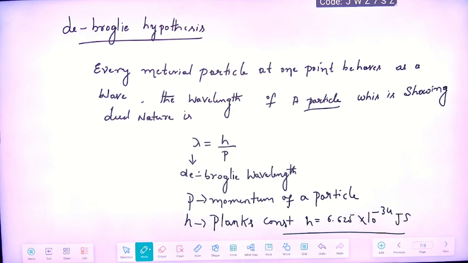Matter means, for example, an electron. An electron will behave as a particle as well as a wave. That duality is there. Understood? That's why the name is dual nature of matter and radiation. Radiation means light. Light is one form of radiation, right?